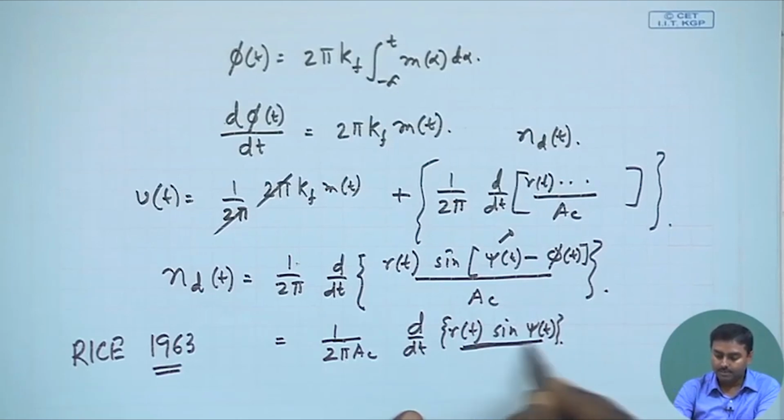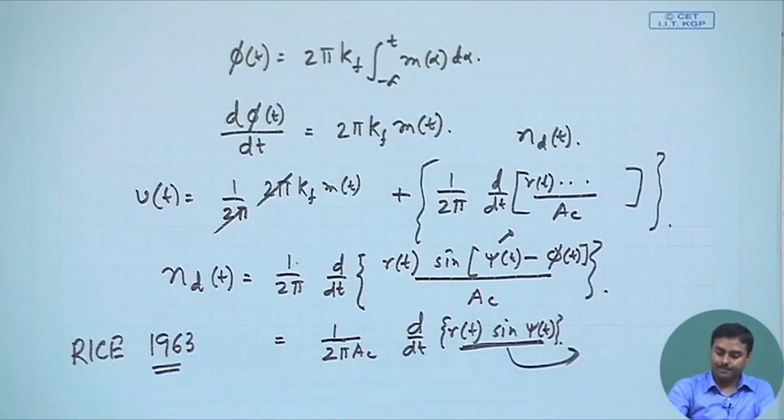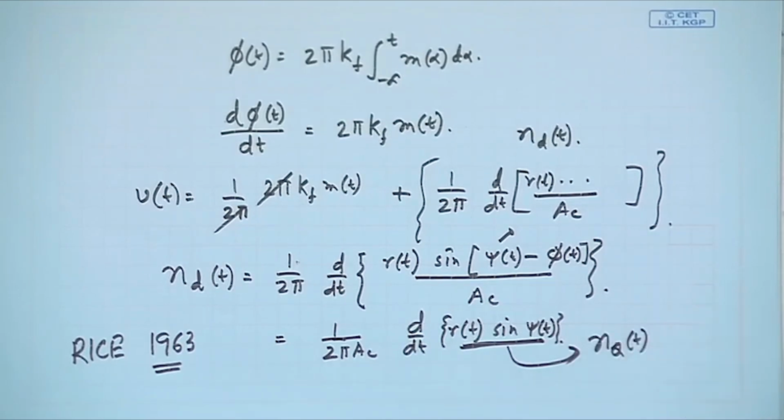Can you identify this? What is this? This is actually the quadrature term. Go back to my filter representation of a band pass signal, and you will see that R t sin psi t is actually the quadrature term of the noise. Okay, so that is N_Q t.